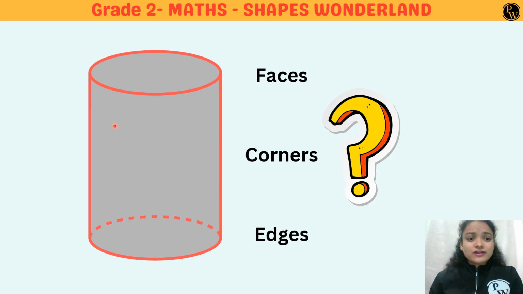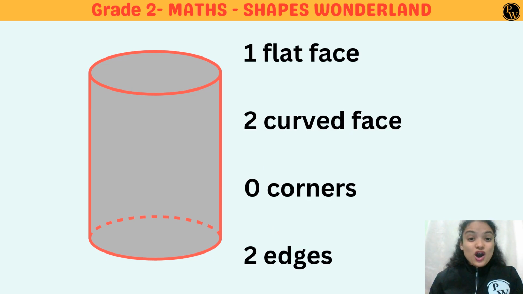Now, let's come to this figure. This is a cylinder, correct? You have to count the faces, corners and edges of the cylinder. Can you do it? Come on, take your time. Great job!